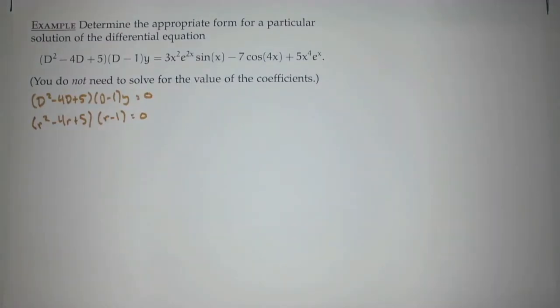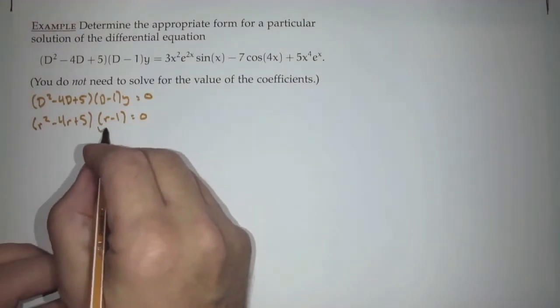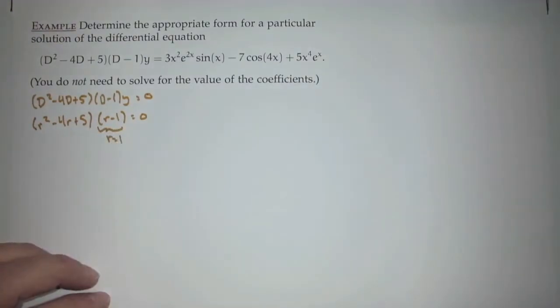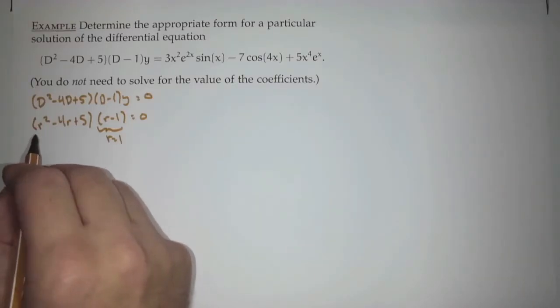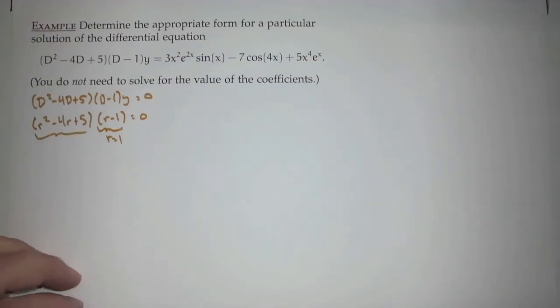All right, so now that's good. Do we know any of the roots? 1. Yeah, that's pretty easy to spot. Okay, we'll come back to that and talk about the function. What about this other one, r squared minus 4r plus 5? What can we do there?